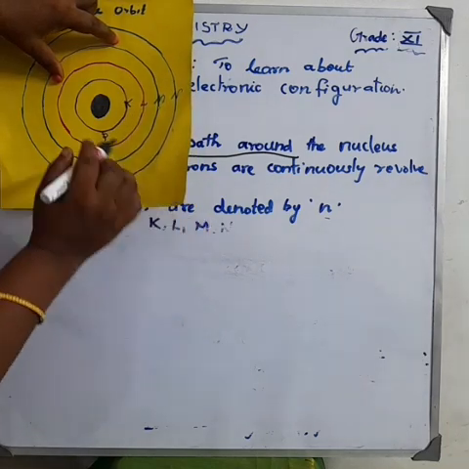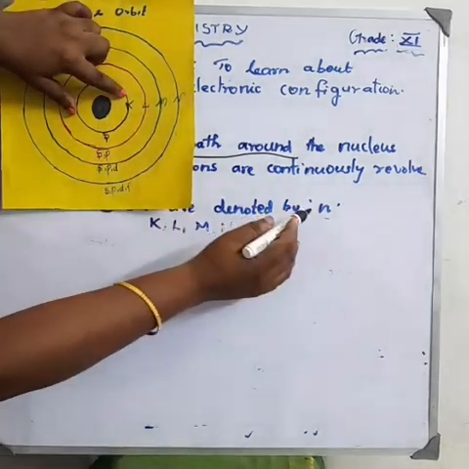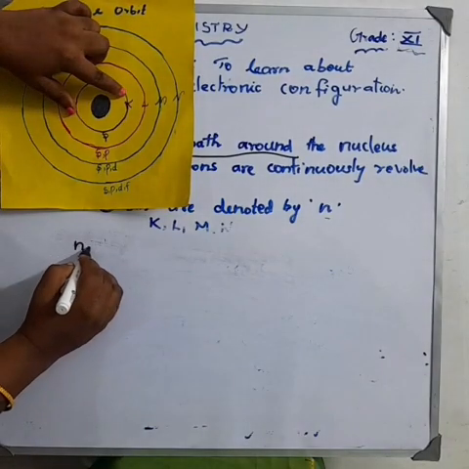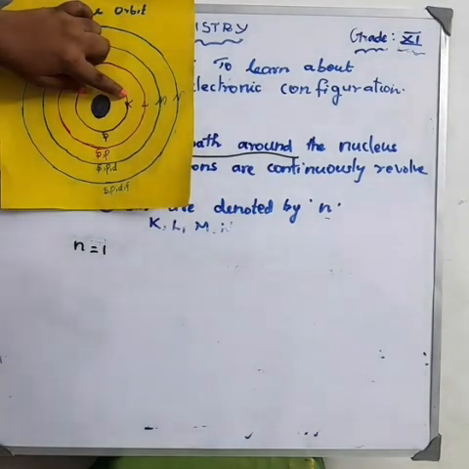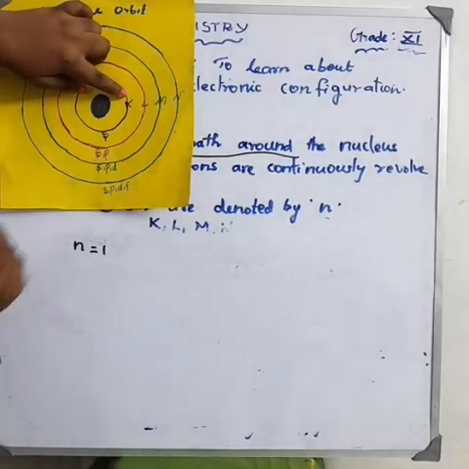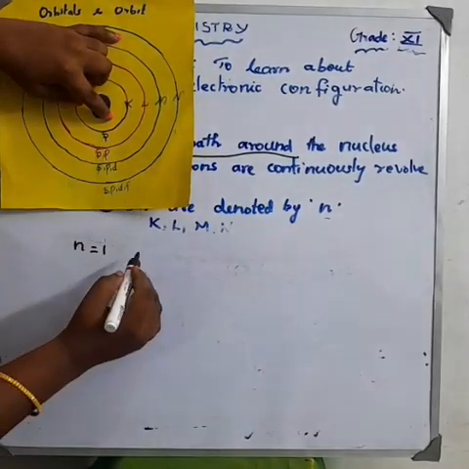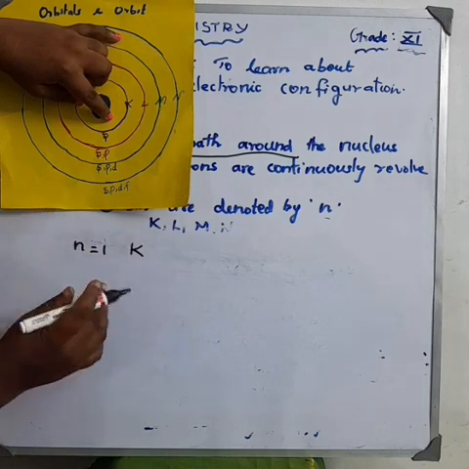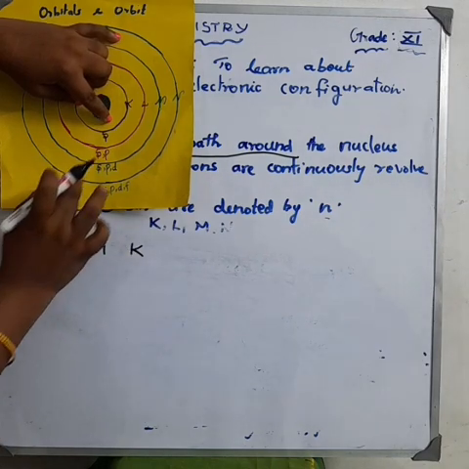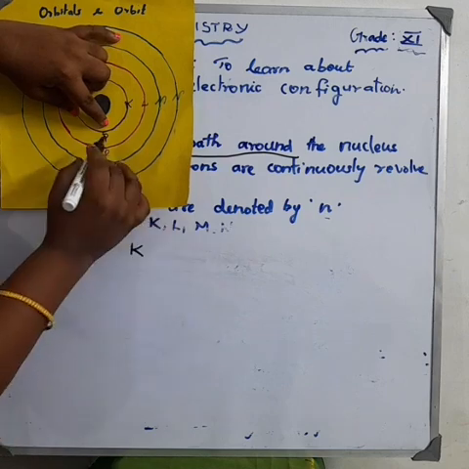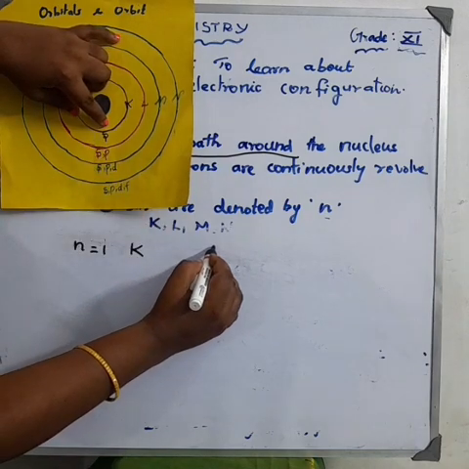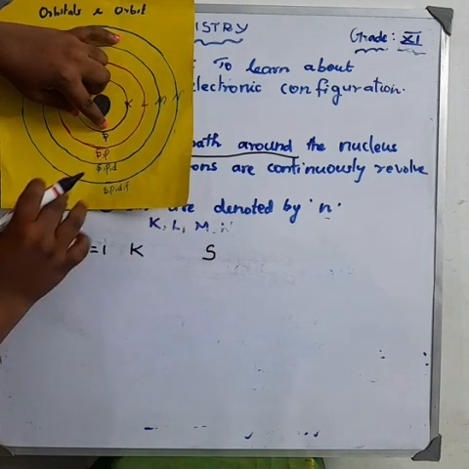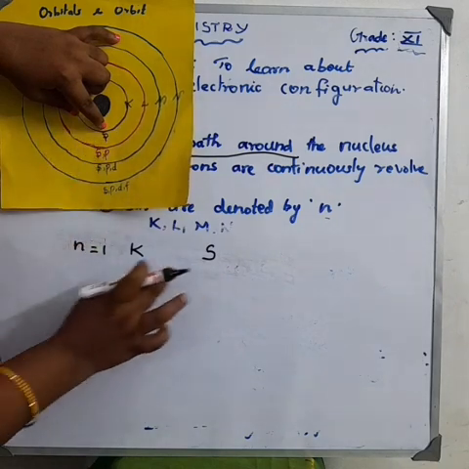The shells are denoted by small n. When n is equal to 1, it means K shell. The K shell consists of only one subshell.